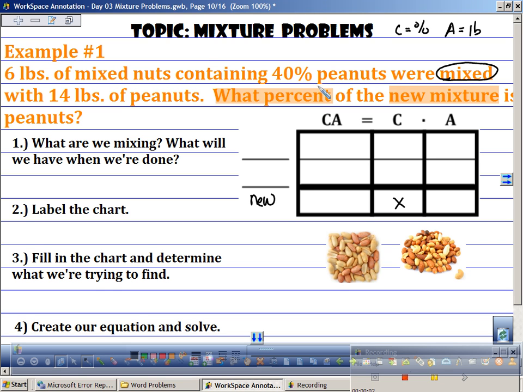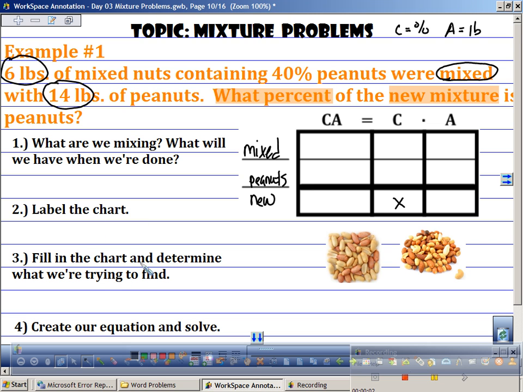Just tell me numbers. 6 pounds and 14 pounds were mixed. 6 pounds of what? Mixed nuts. And 14 pounds of what? Peanuts. So we figured out what we're mixing. We figured out what we're going to have when we're done mixing. It's going to be a new mixture.